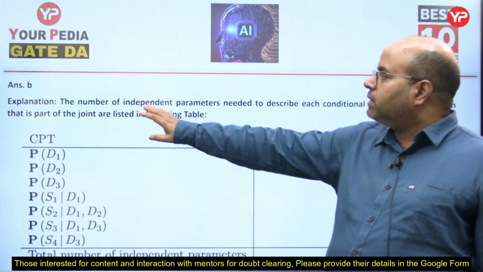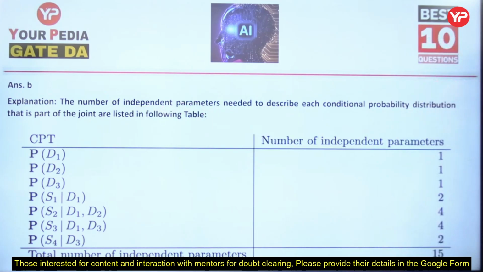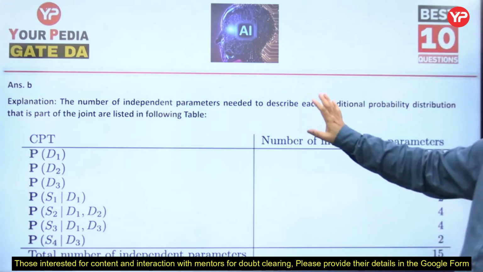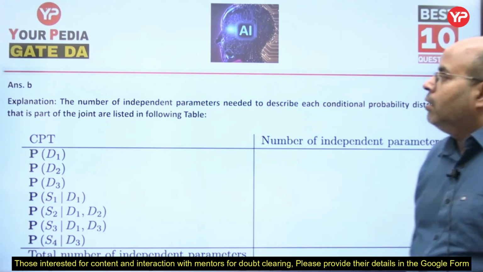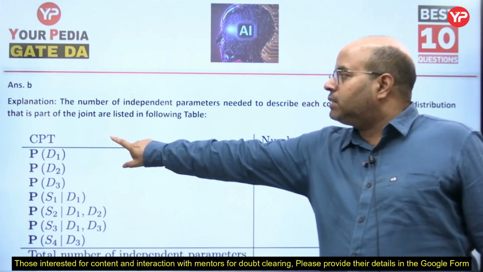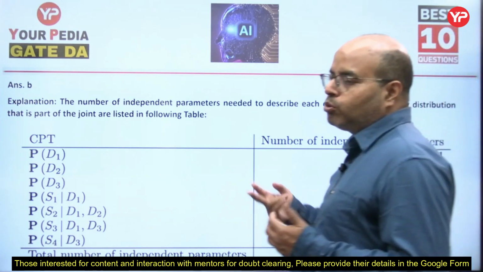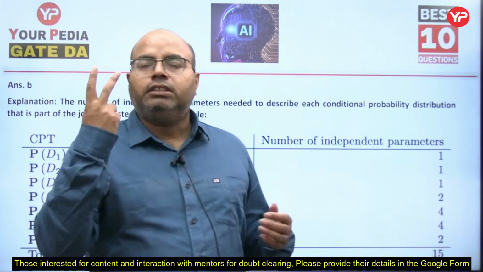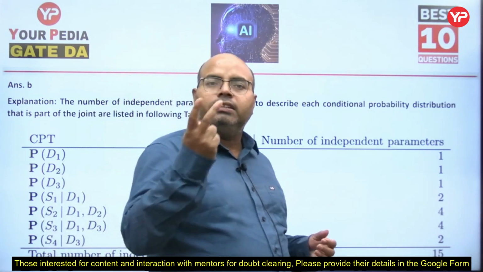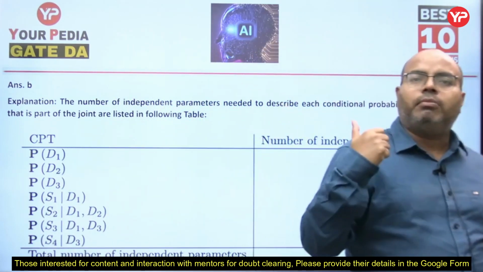Explanation. The number of independent parameters needed to describe each conditional probability distribution is tabulated here. This is the CPT, conditional probability table. Any Bayesian network consists of 2 things: one is the graph and another is the CPT.